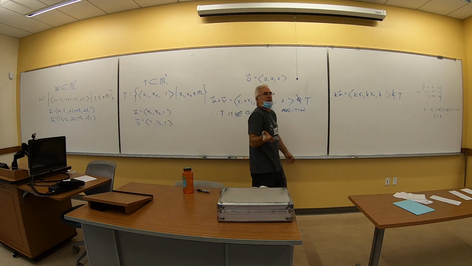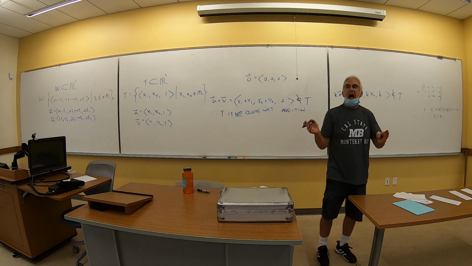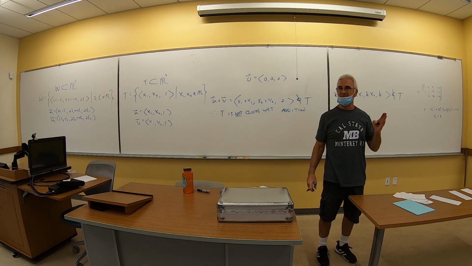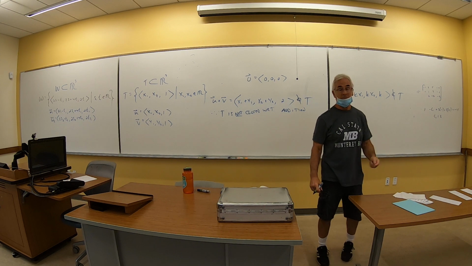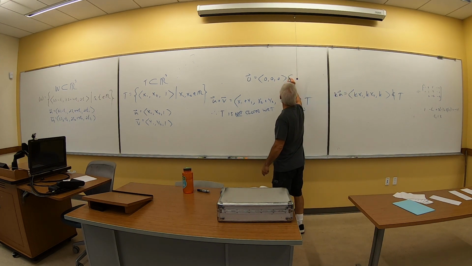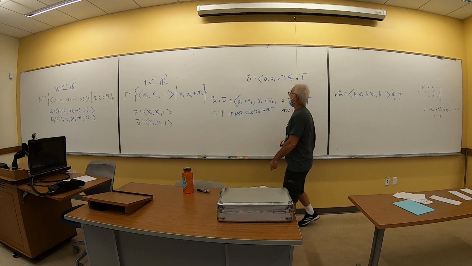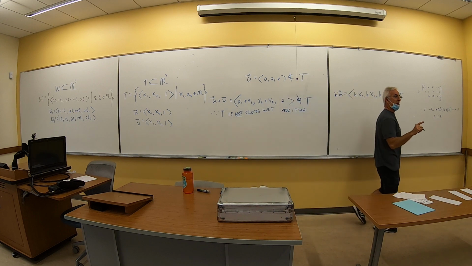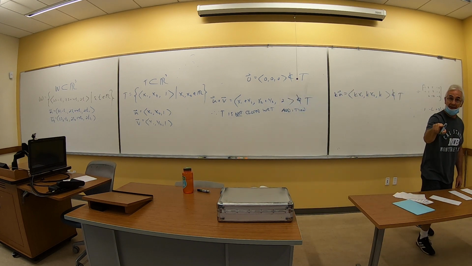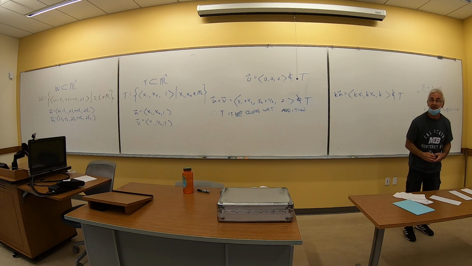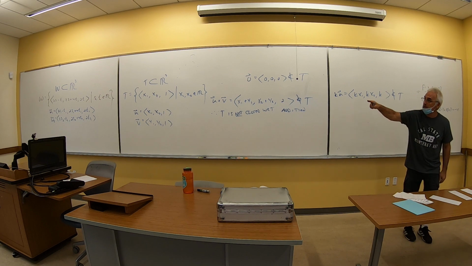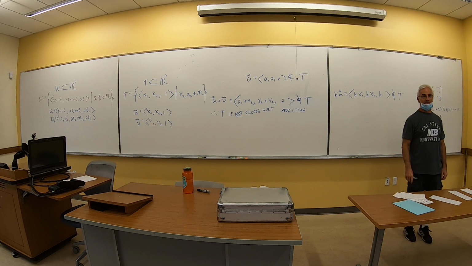Well, obviously when x1 and x2 are 0, I still have a 1 in the third position. So 0, 0, 0 is not in that set, because I don't have a 1 in that third position. So T does not include the additive identity of R3. That's the one that matters because that's where it lives. So T is not a vector space. W is, T is not.